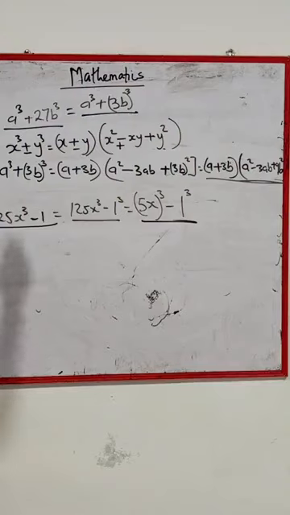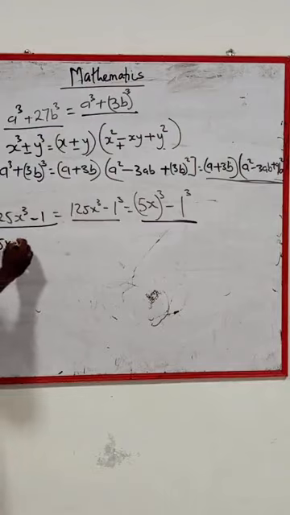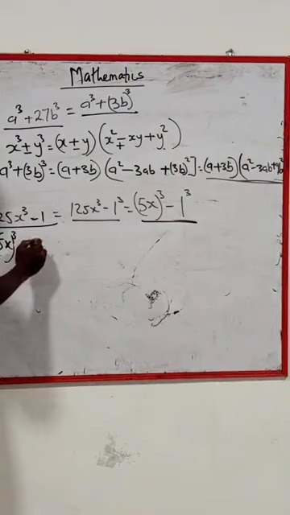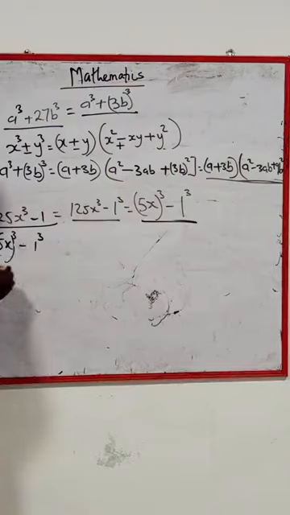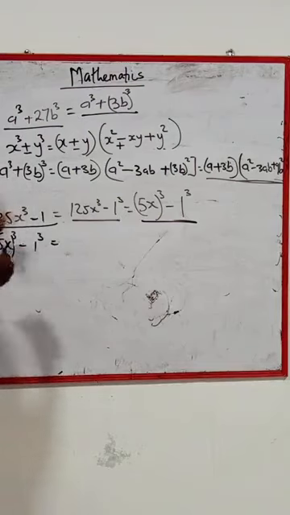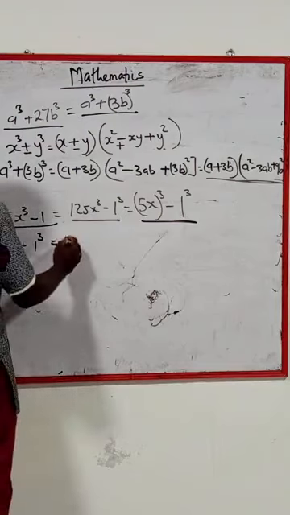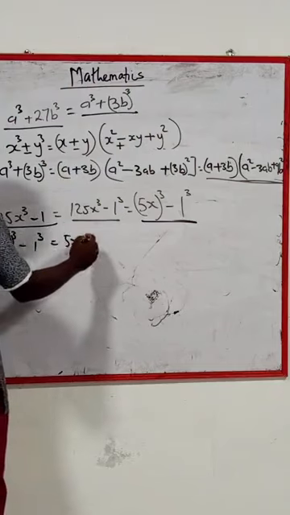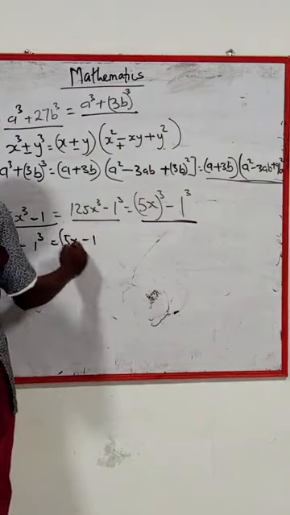Having done that, we'll come back to what we're talking about. You will see our 5x cubed, and we're talking about a difference of cubes. So we interpret it like this, where our x in this case is 5x, and our y is minus 1.